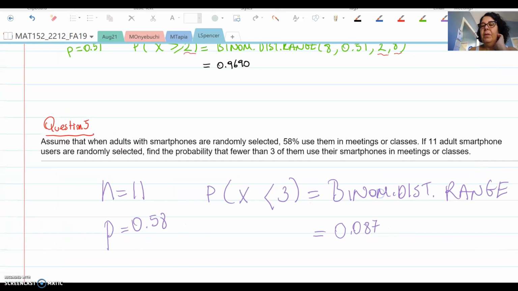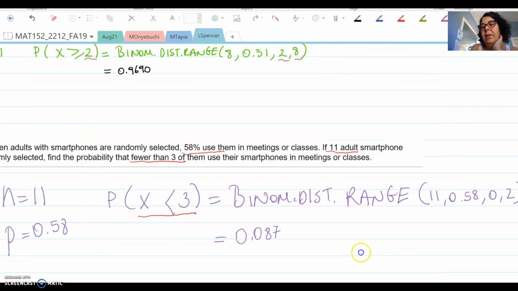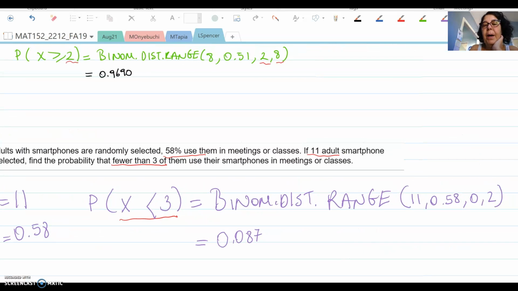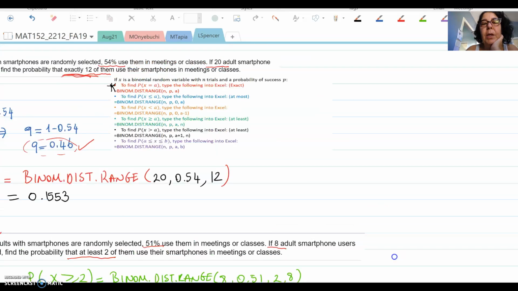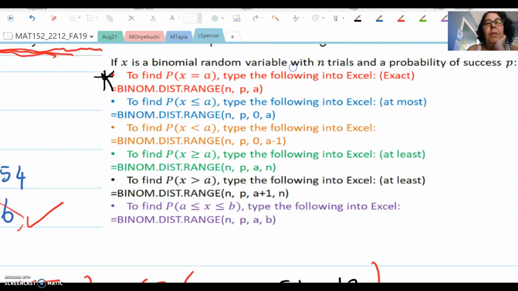With different numbers, it's a binom.dist.range problem. So 58%, 11 adults. Now fewer than 3. Now 3 is not included with fewer than 3. This is what fewer than 3 means. That will be my binom.dist.range formula, because for fewer than 3, I have something else here, this orange one.